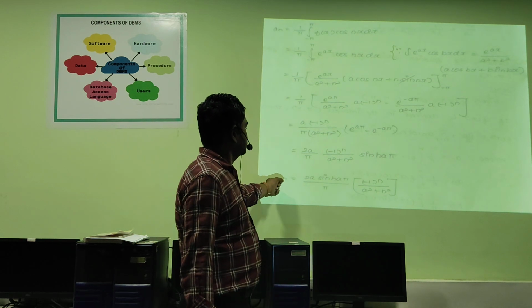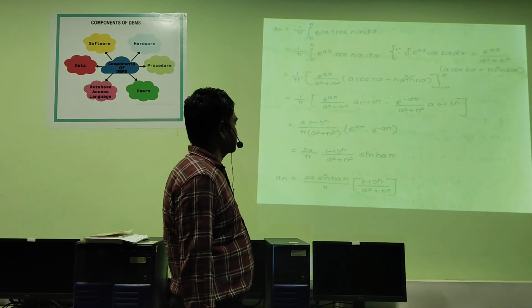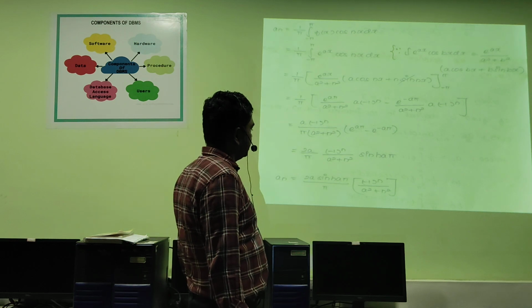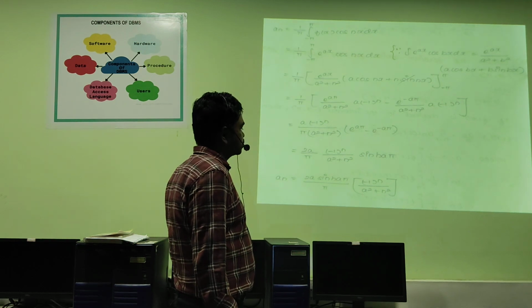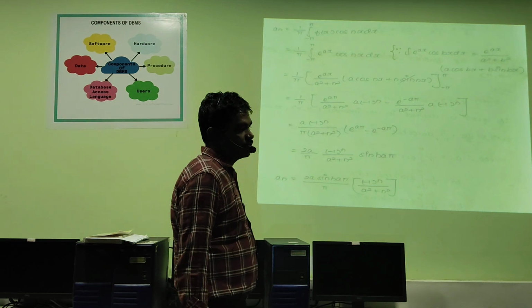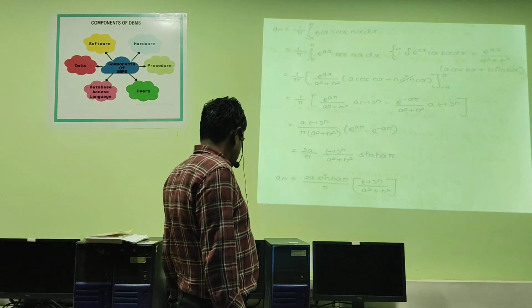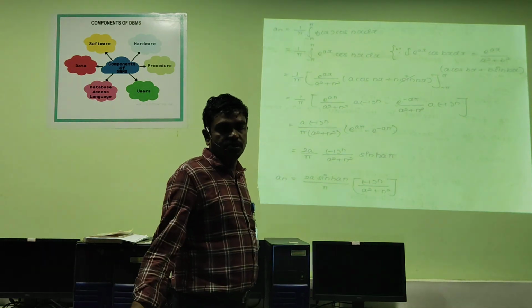Therefore finally a_n is 2a sinh(aπ) / π times (−1)^n / (a² + n²). So clearly we can find a_n.